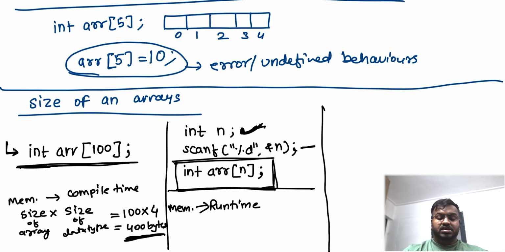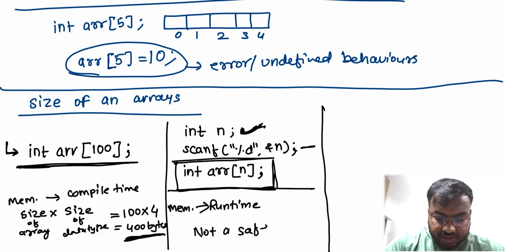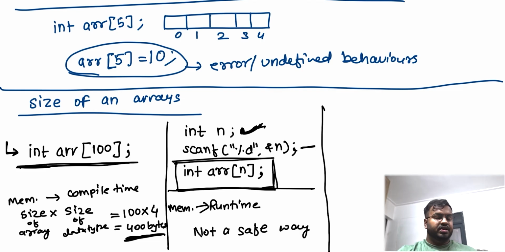The compiler has no idea about how much memory it is going to take, so the memory is allocated at the runtime. Now this is not a safe way to declare an array. Why? Because in this case, during the compilation phase, the compiler has no idea about the value of n.